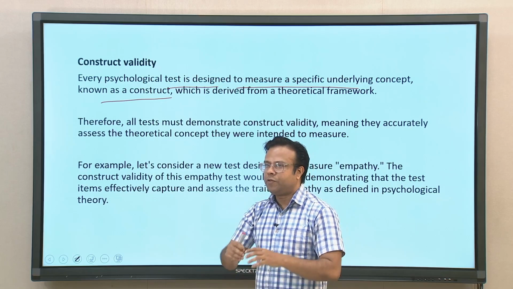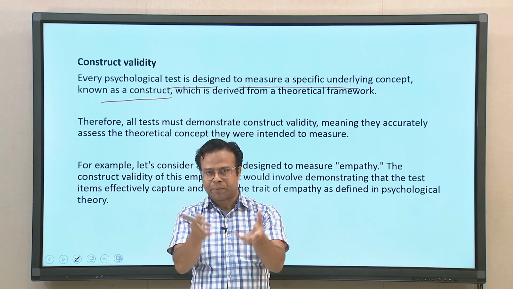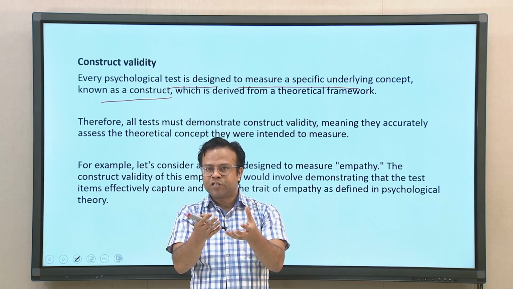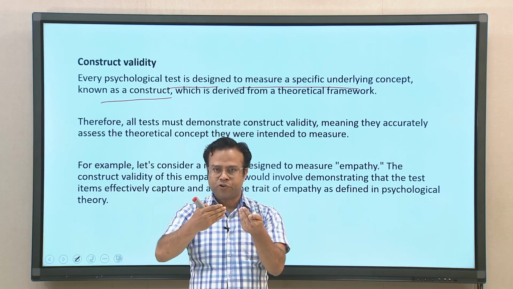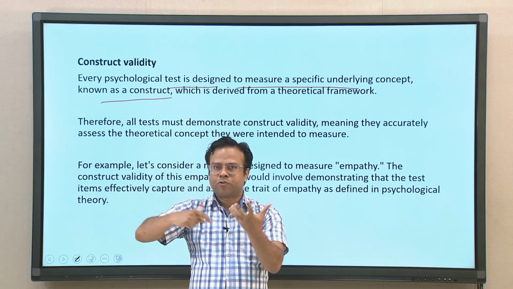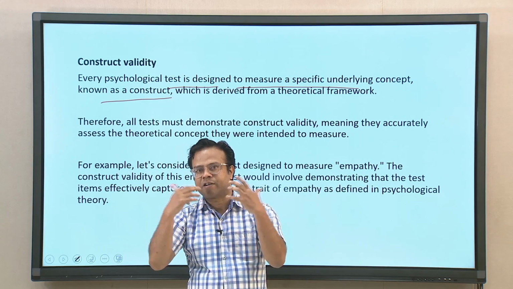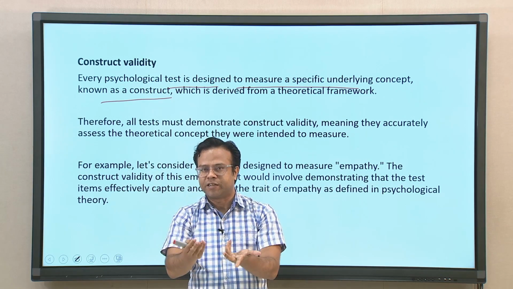Okay? If you say we are measuring depression or anxiety, these are concepts, and these concepts come from certain theories and research backgrounds, which talk about the meaning of anxiety, the characteristics of anxiety, and the symptoms of anxiety.